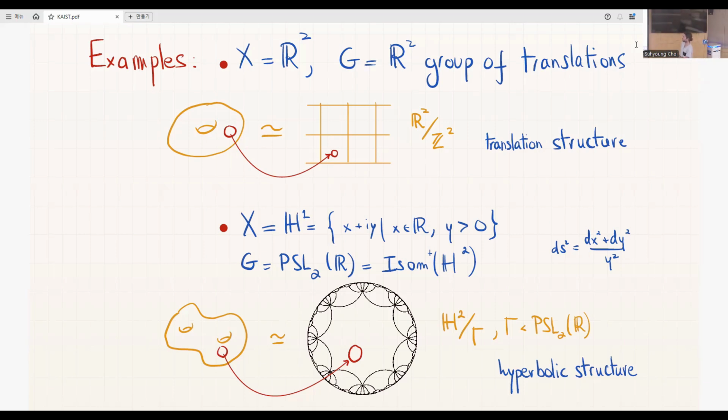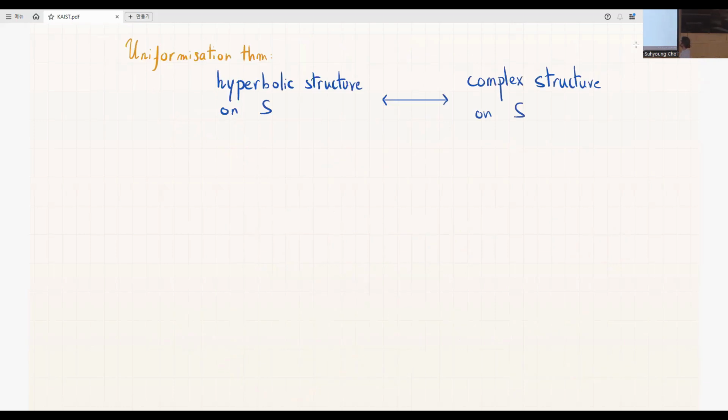We call that a hyperbolic structure. The uniformization theorem also tells us that a hyperbolic structure is the same thing as a complex structure on the surface.